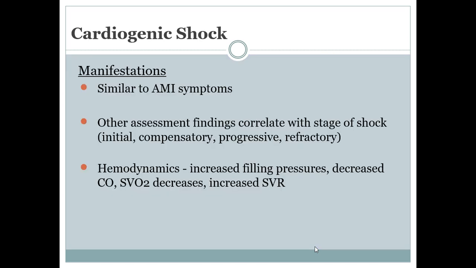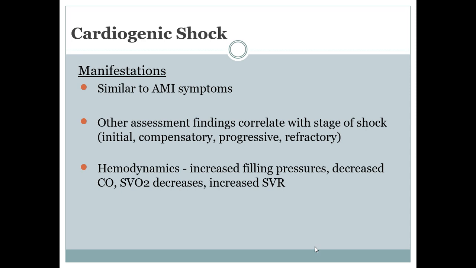So manifestations are similar to our acute MI symptoms, which would be chest pain, diaphoresis, nausea, vomiting. MI again is myocardial infarction. Other assessment findings correlate with the specific stage of shock the patient is currently in, whether it's initial, compensatory, progressive, or refractory.